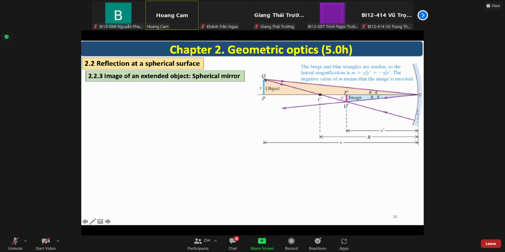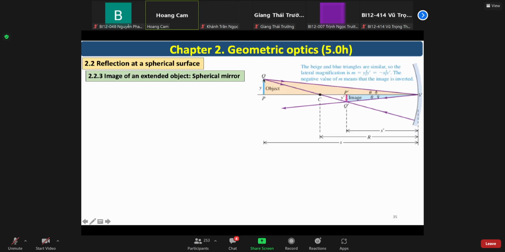So you draw first the incident ray from Q passing through the center of curvature C to this spherical surface, and then it is also the normal, right? Because it is C here and this incident point here. So the ray is reflected back in this way. So you got the first reflected ray.